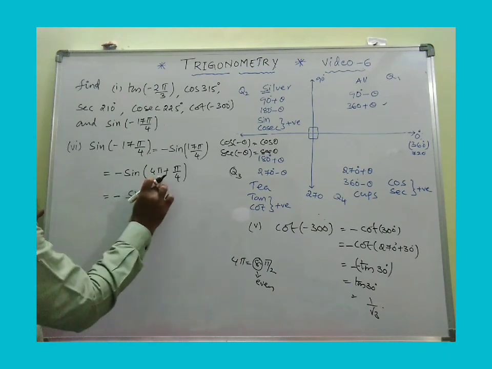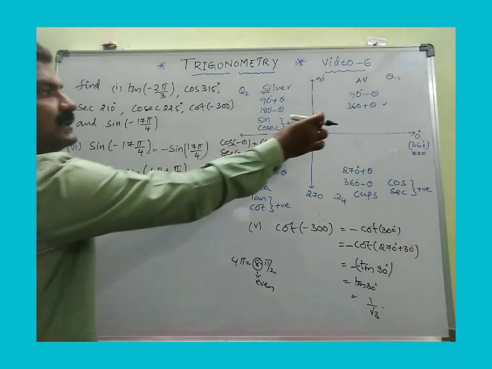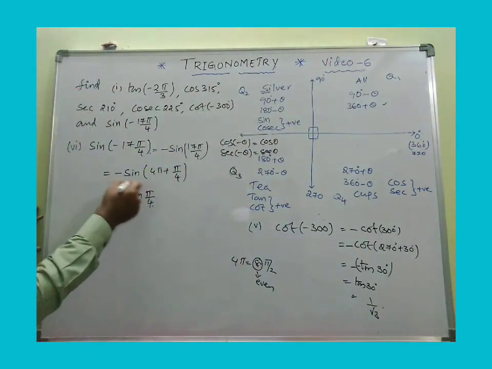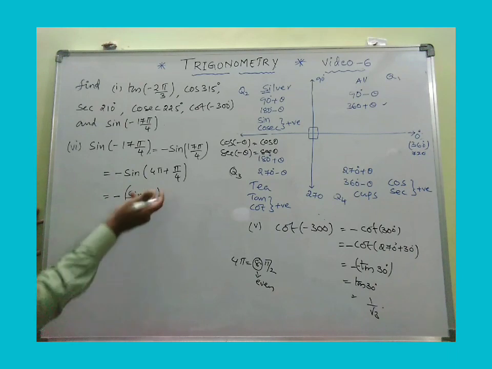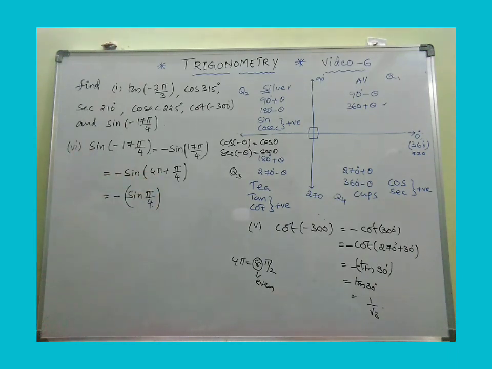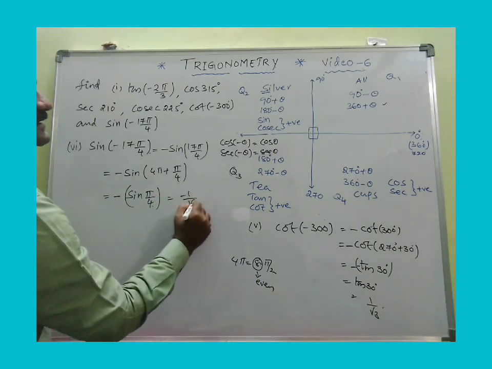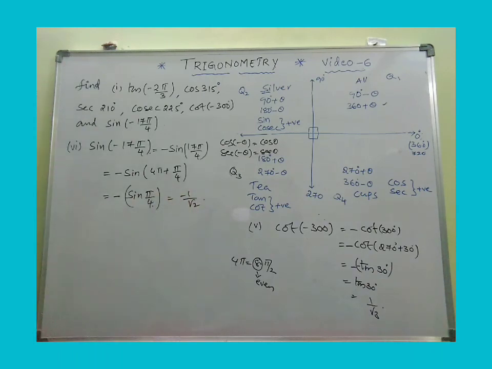And because this is 720 plus theta, that comes under the first quadrant, anyhow all are positive. So this is plus sine pi by 4. But there is a minus, this is secondary, which is not included in that property. Now what is this value? Which is equal to minus 1 by root 2.